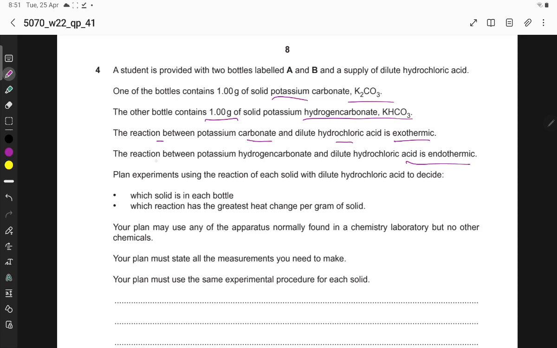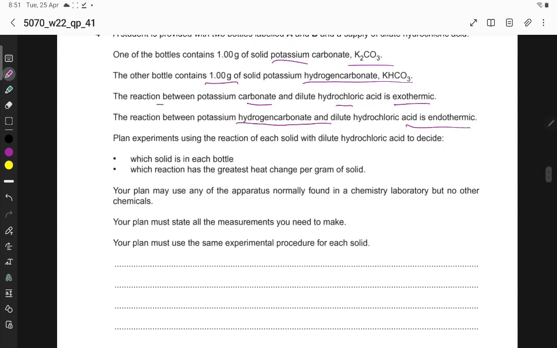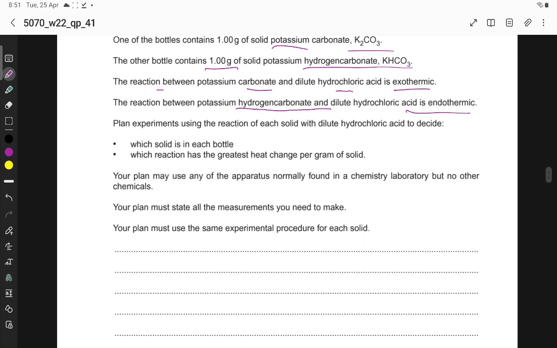The reaction between potassium hydrogen carbonate and dilute HCl is endothermic. Plan an experiment using the reaction of each solid with dilute hydrochloric acid to decide which solid is in each bottle and which reaction has the greatest heat change per gram of the solid. Your plan may use any of the apparatus normally found in the chemistry laboratory but no other chemicals.